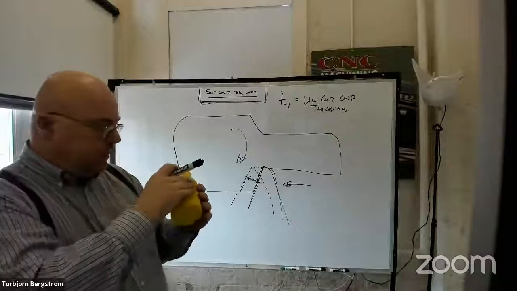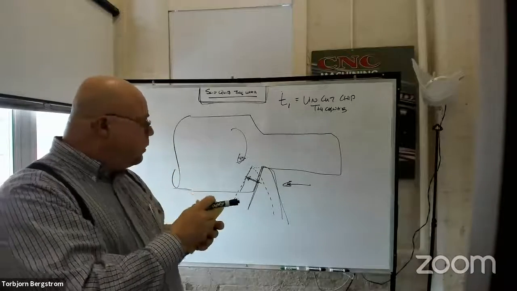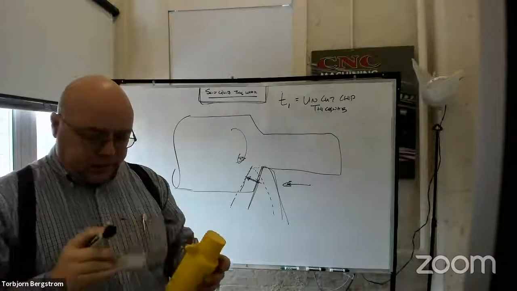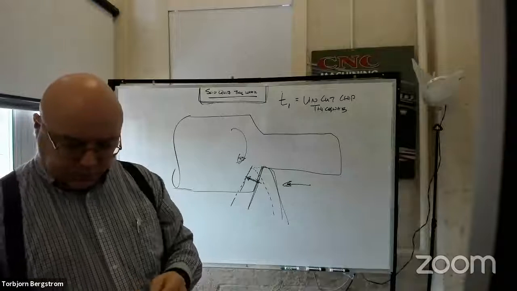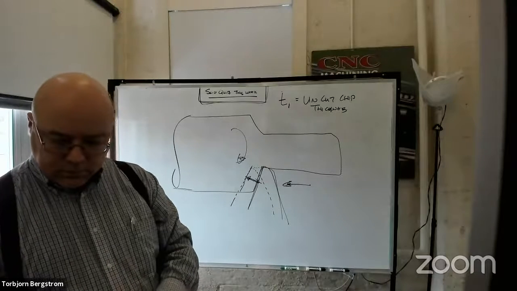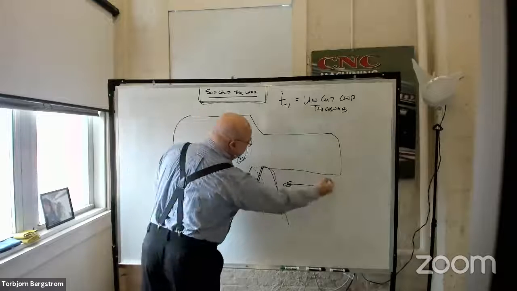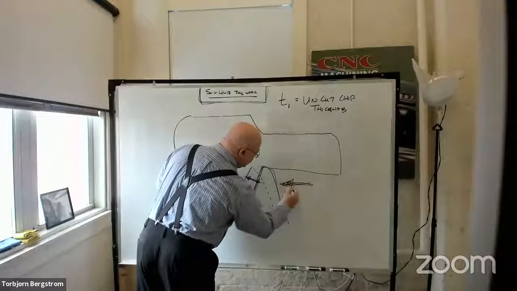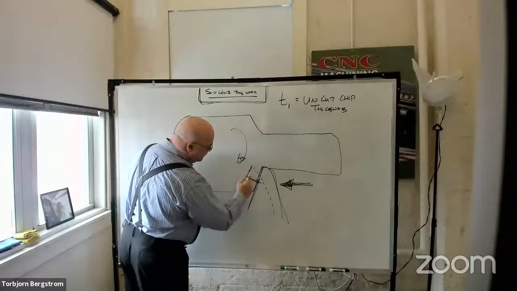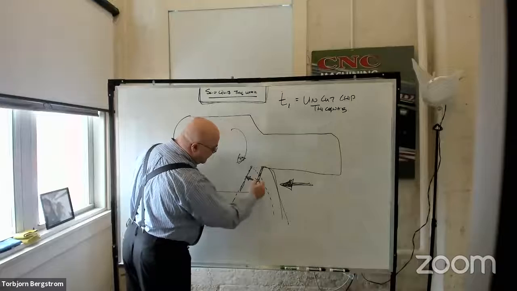All right, so what is T1 equal to? The radius? No, it's the distance. So the tool is moving this direction. The uncut chip thickness is measured perpendicular to the cutting edge of the tool.